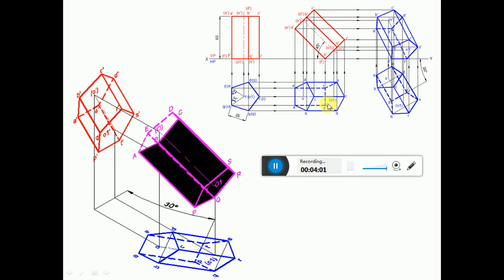Similarly from R you measure the distance from R to this point. Then from R you cut an arc on that to get this point. Similarly, this BD is perpendicular to O1 line.